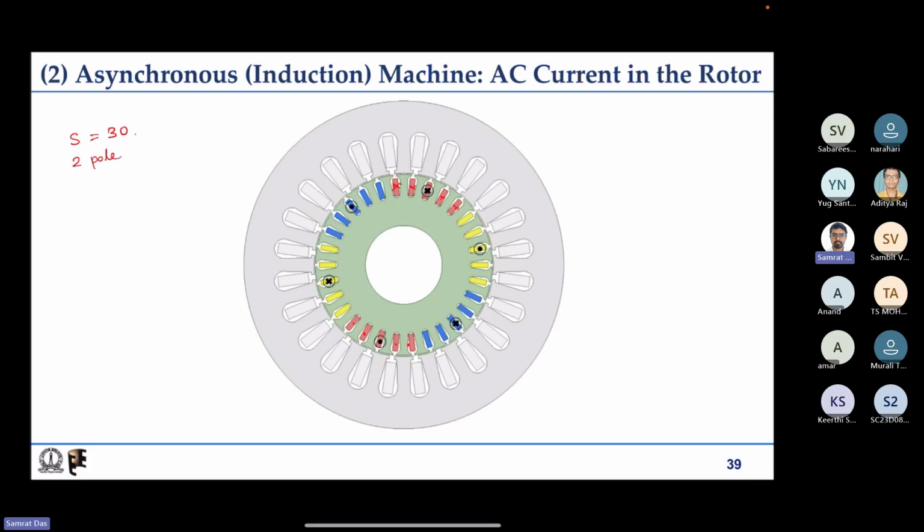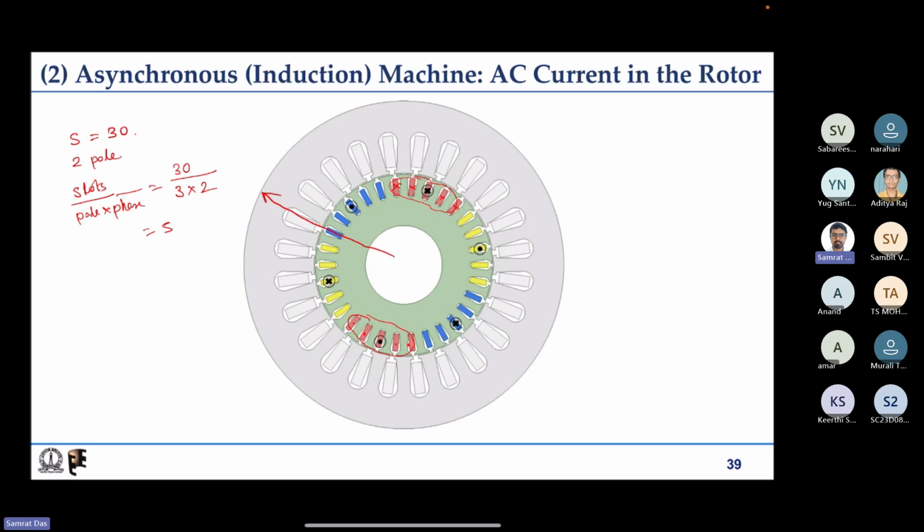For that the critical number is slots per pole per phase. What is the number here? 30 divided by 3 phases and 2 poles, so 5 is the number. That is why we have a phase belt of 5 slots, which together make one red cross band and again a red dot band. So the red phase axis will be somewhere like this.